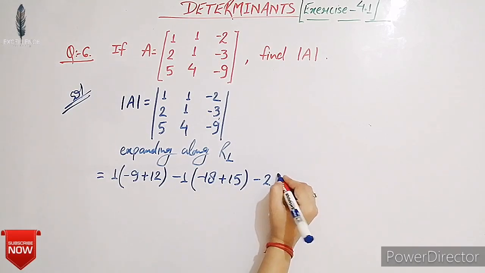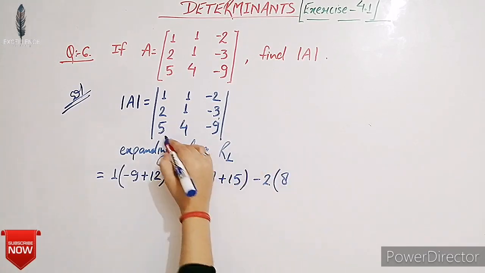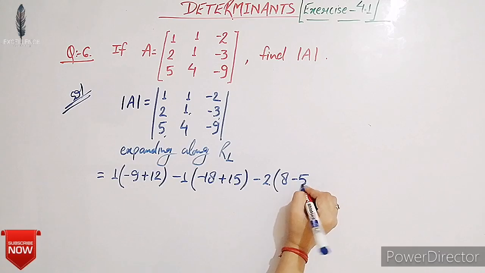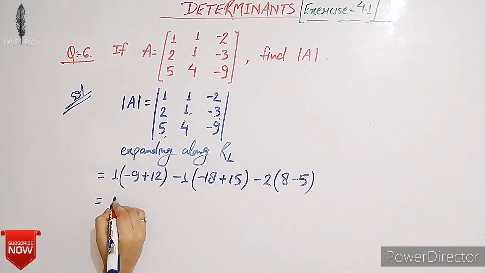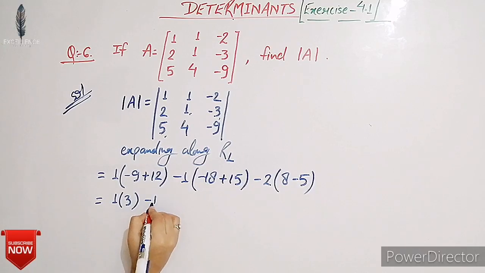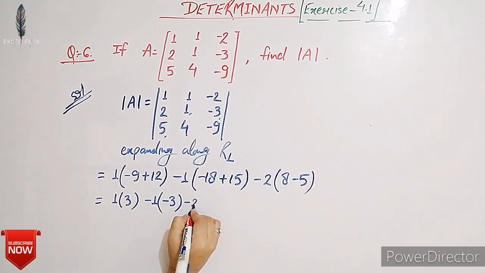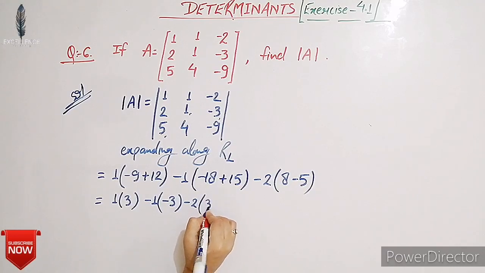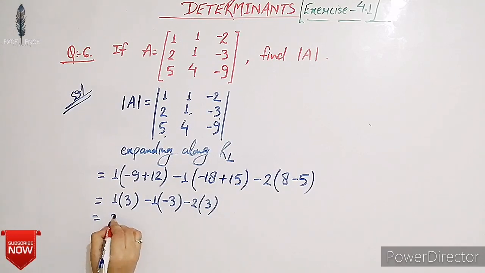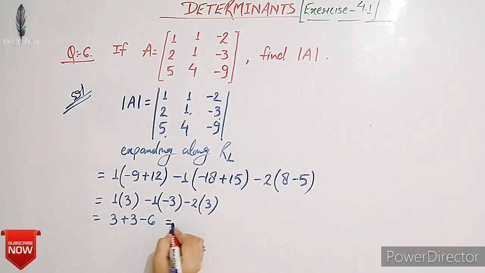Now minus 2 into 4 into 2, 8, minus 5 into 1, that is 5, is equal to 1 into 3 minus 1 into minus 3 minus 2 into 3, that is equal to 3 plus 3 minus 6, which is equal to 6 minus 6, that is 0.